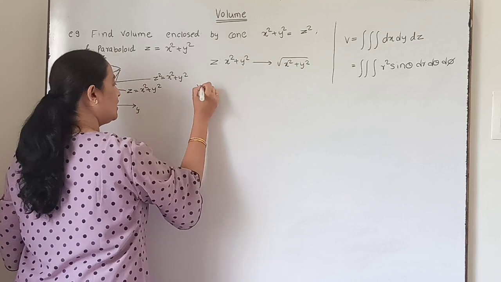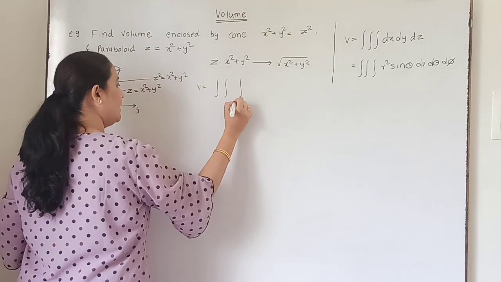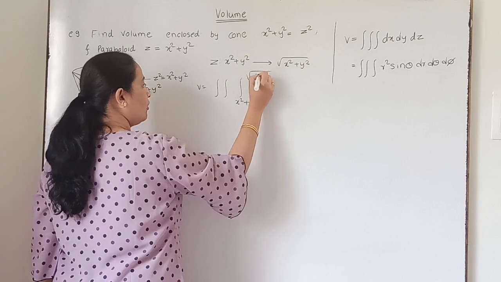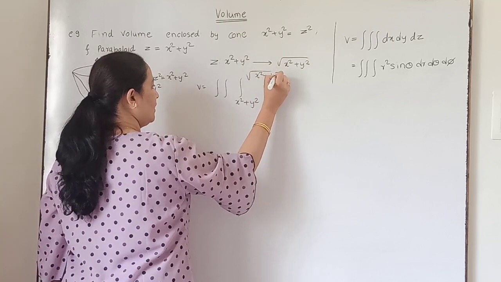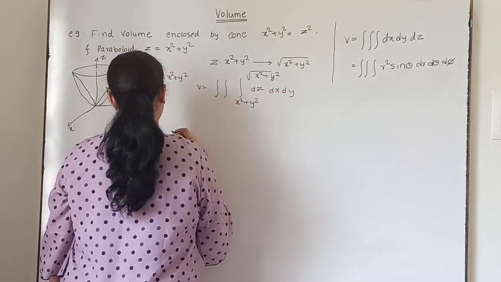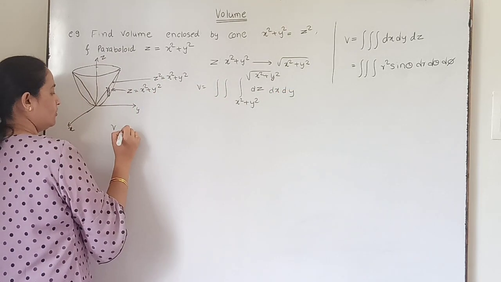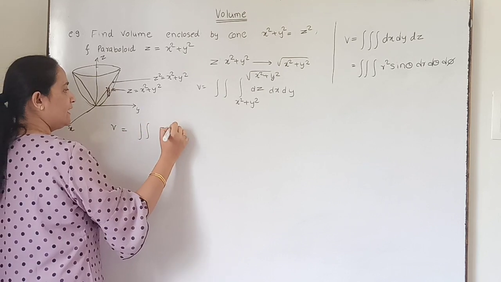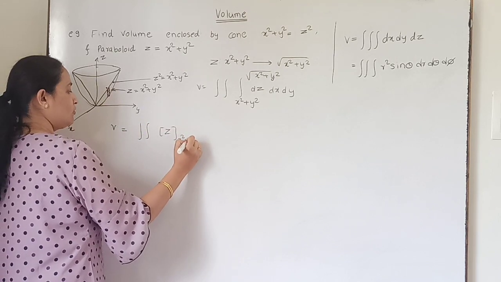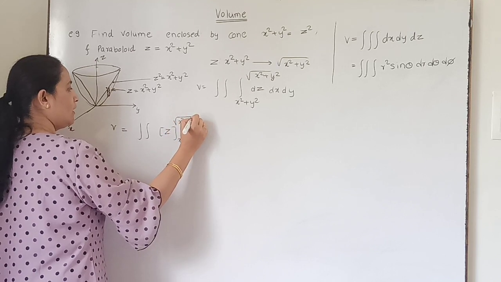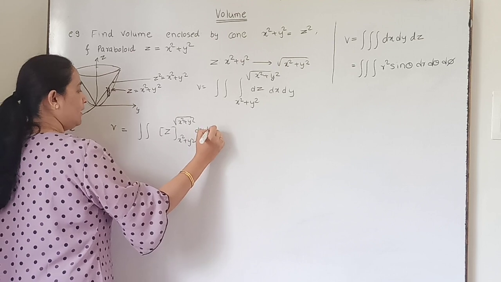Now if I first integrate with respect to z, volume is equal to double integral of dz is z, limits from x square plus y square to under root of x square plus y square dx dy.